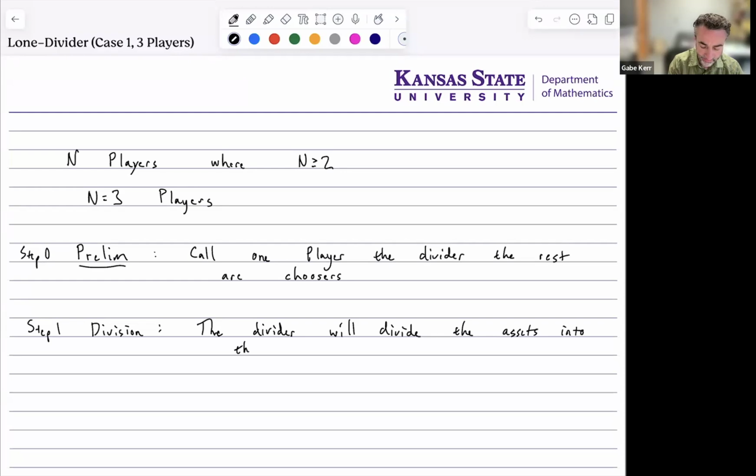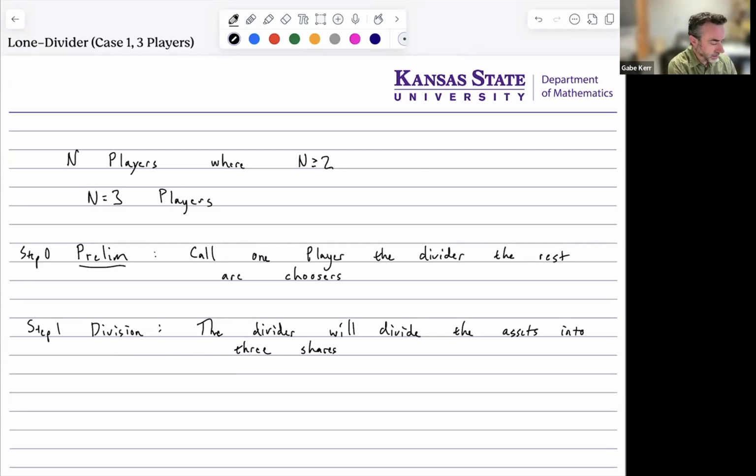The 3 shares are going to be of equal value according to that divider's value system, because they're going to get one of these 3 shares, so they want to make sure that they get a fair share. And the only way they can do that is if, according to their value system, each of those shares is of equal value, a third of the total assets. All right.